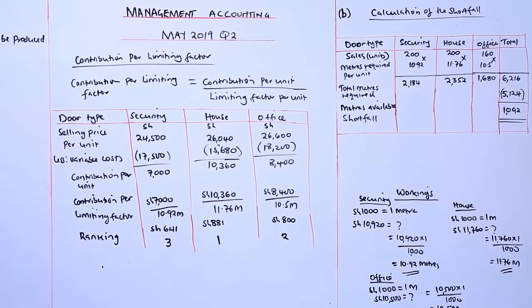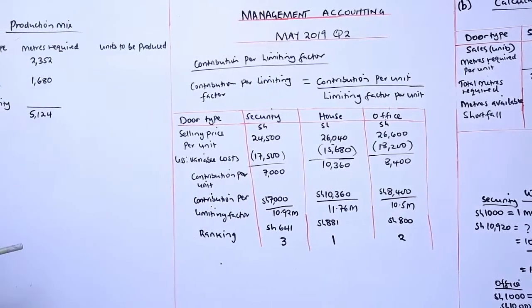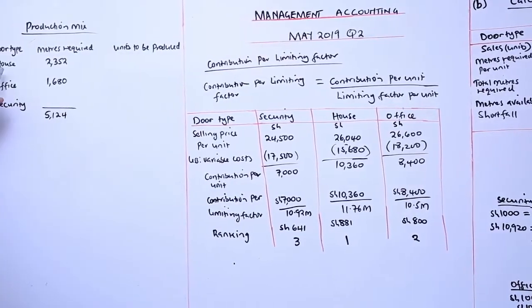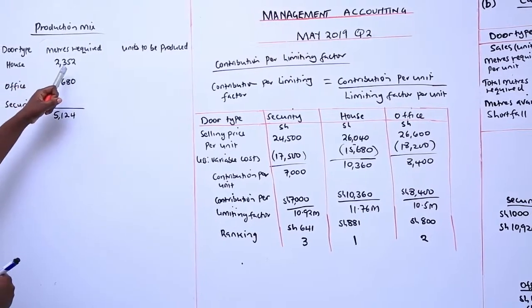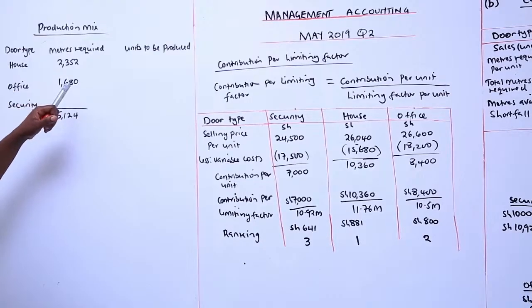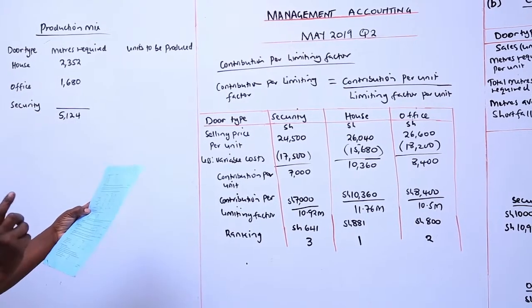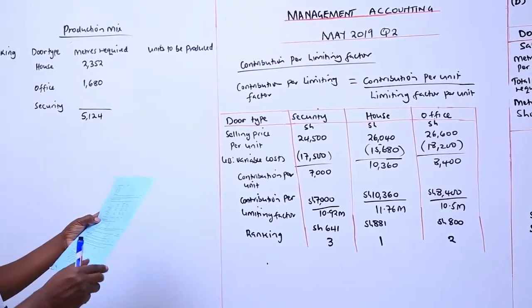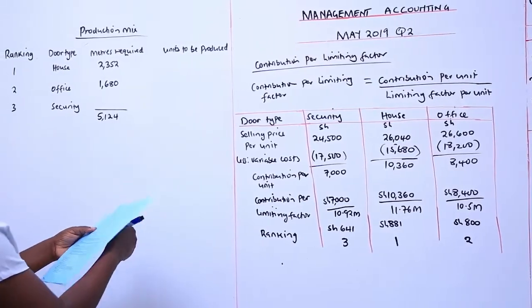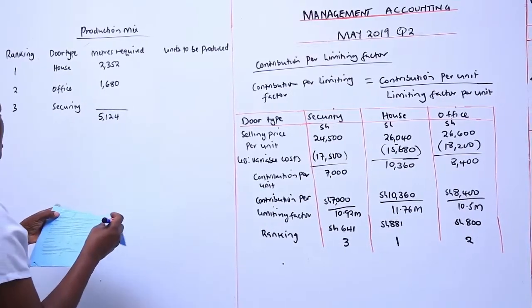So we have 5,124. So that means we can produce all the units of house door type, and the units that were to be produced according to the question in note number 1, the sales for the month of December 2018, are as follows. So we need to produce 200 units of house.